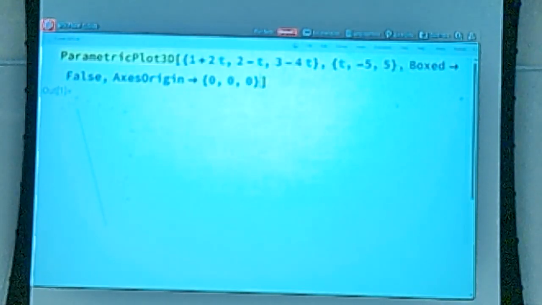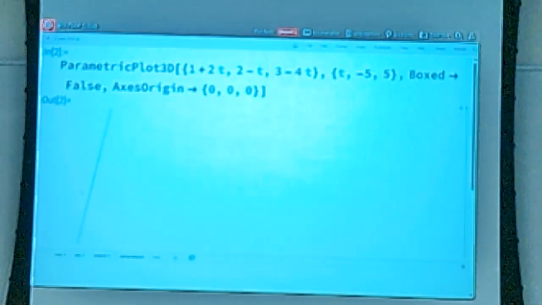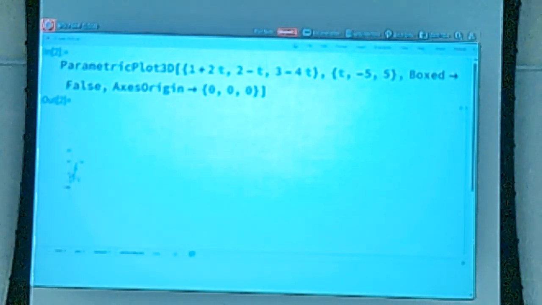Turn off the box and set the origin to actually be 0, 0, 0. Next, right now, if I just turn off the box, I think that point there would be the origin. And what you can do is rotate it. Not as nice as the desktop version, but it does let you rotate it.